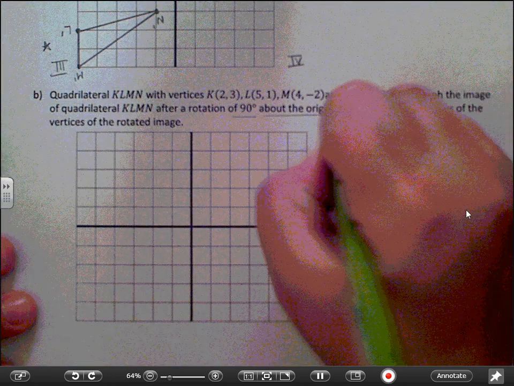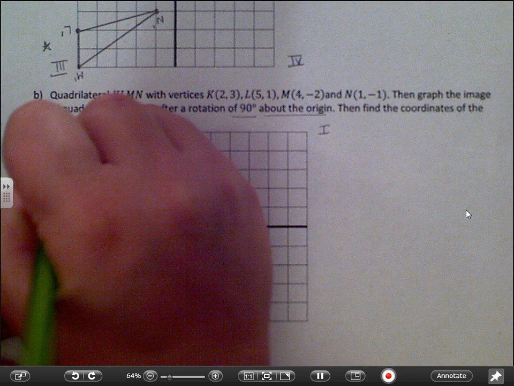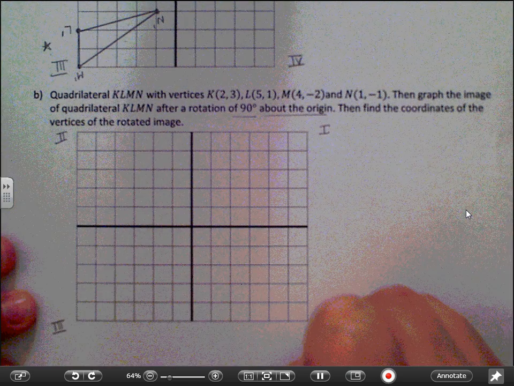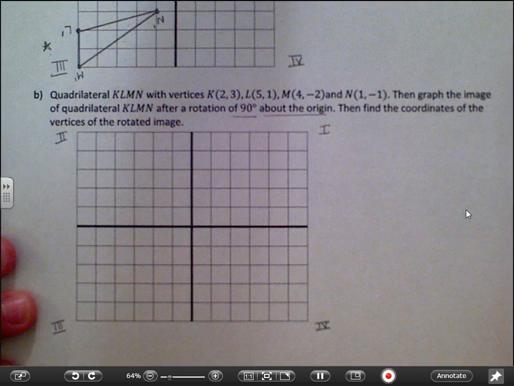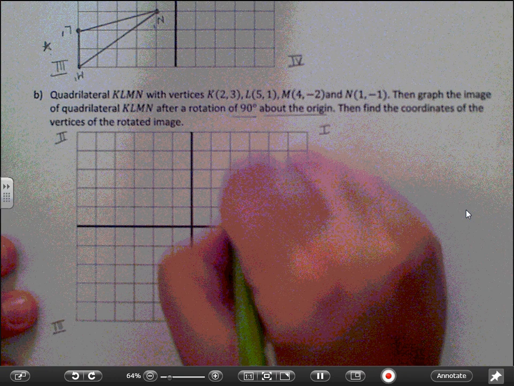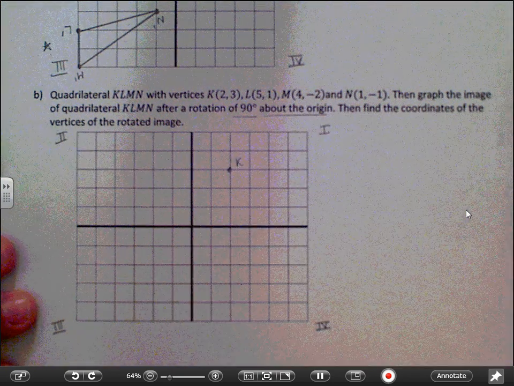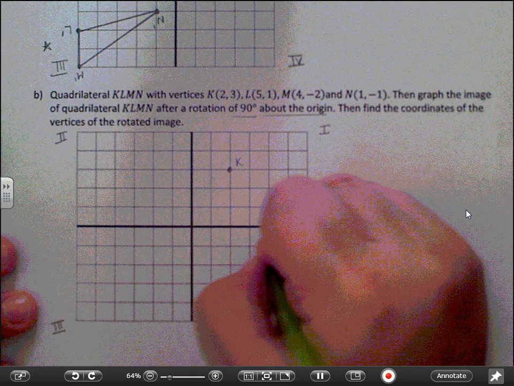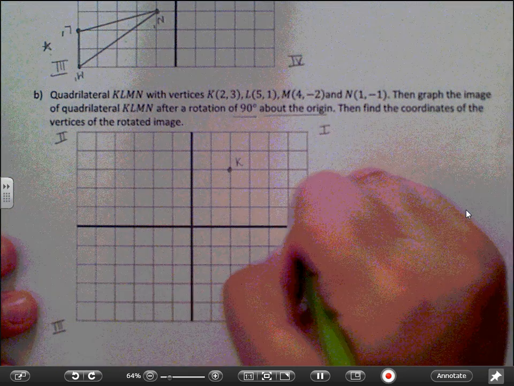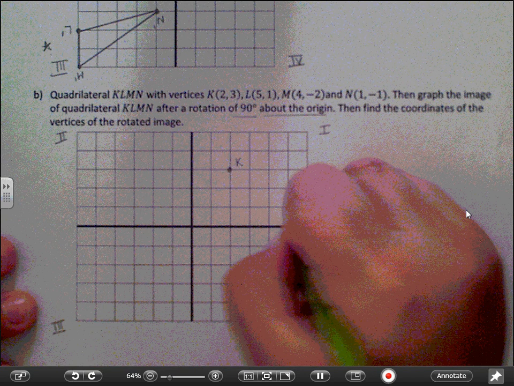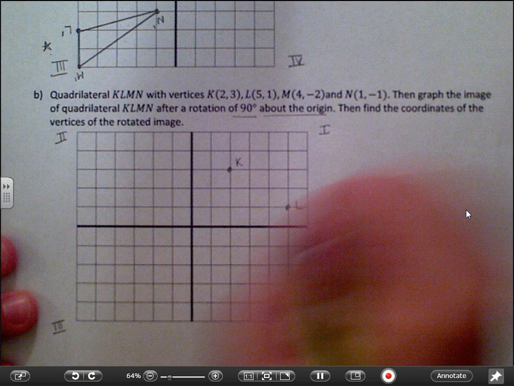Again, I'm going to label my quadrants 1, 2, 3, and 4. And let's plot these points. (2, 3) is K. L is (5, 1). And N is (1, -1).